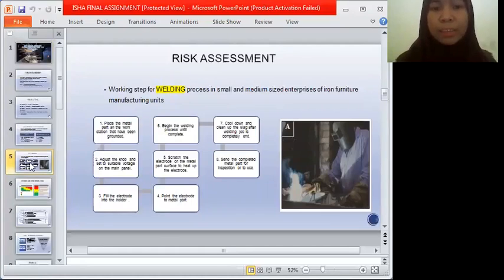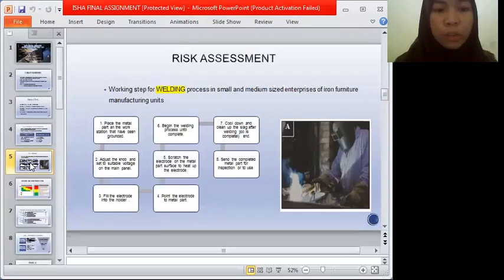So we highlight the process of welding for the workers in a small and medium-sized enterprise of iron furniture manufacturing units. The first step is to press the metal part onto the workstation that has been grounded. Adjust the knob and set a suitable voltage on the main panel.